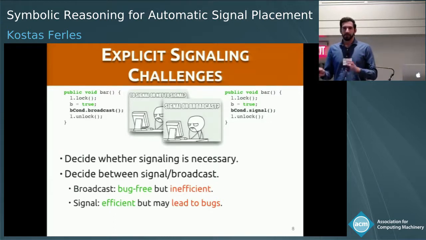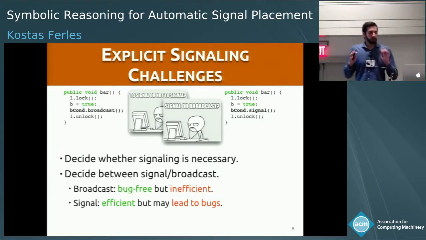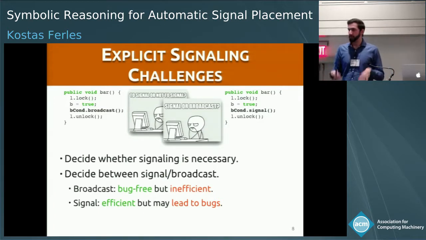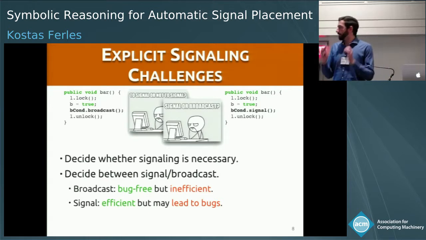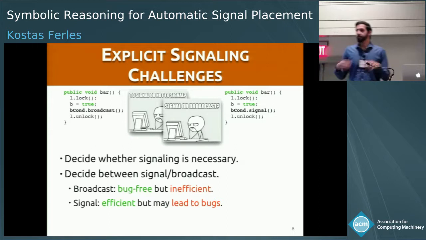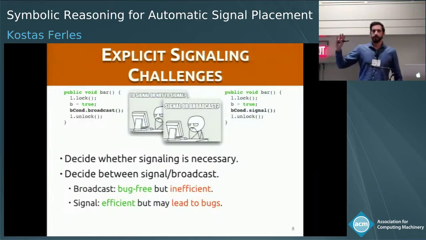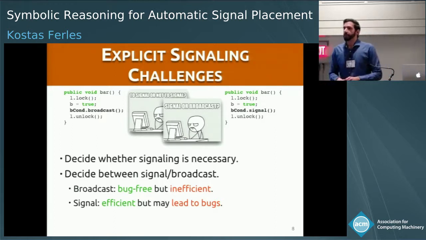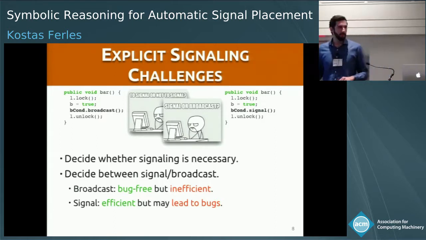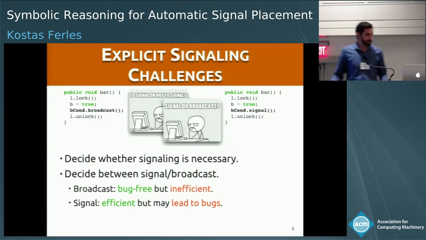This second decision is quite tricky because, for example, if a programmer always uses broadcast, this will almost guarantee that the resulting implementation is correct, but it's probably going to be inefficient because most of the wake-ups are going to be spurious. On the other end, whenever a programmer chooses a signal operation, this has the potential to result in an efficient implementation of the monitor. However, now it's very easy for the programmer to introduce a bug where a thread blocks indefinitely.